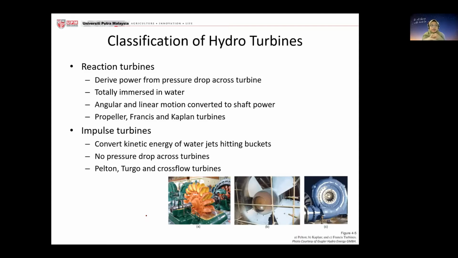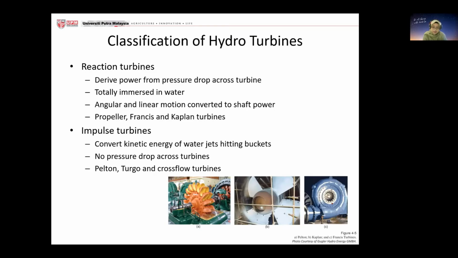Usually this type of turbine is fully immersed in water, and the angular and linear motion is converted to shaft power. Examples are propeller, Francis, and Kaplan turbines. So like this, B is Kaplan and C is Francis.